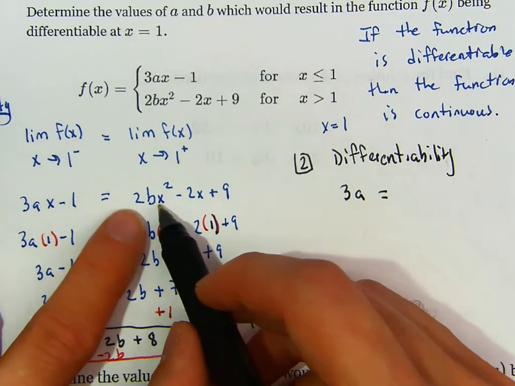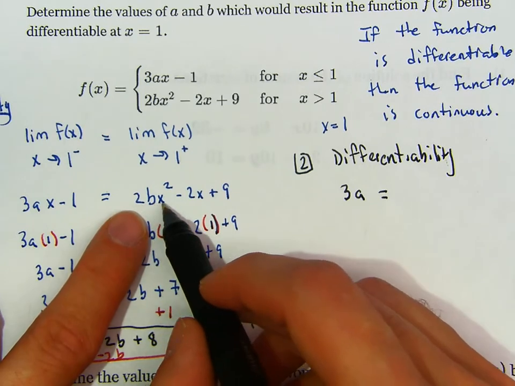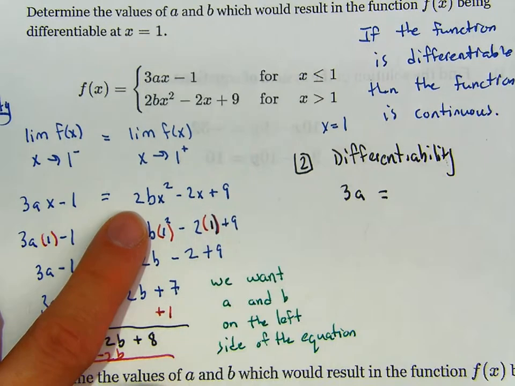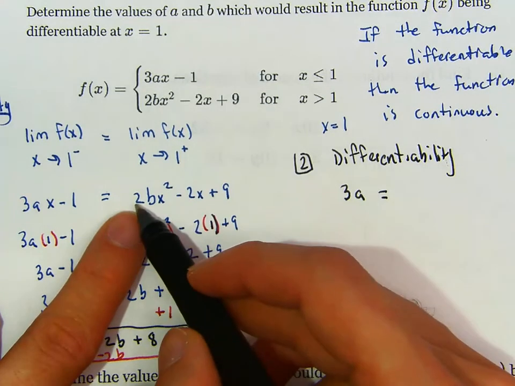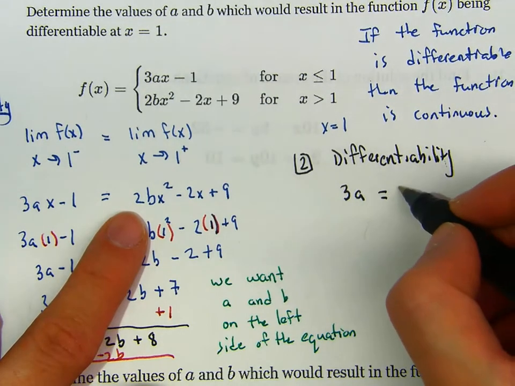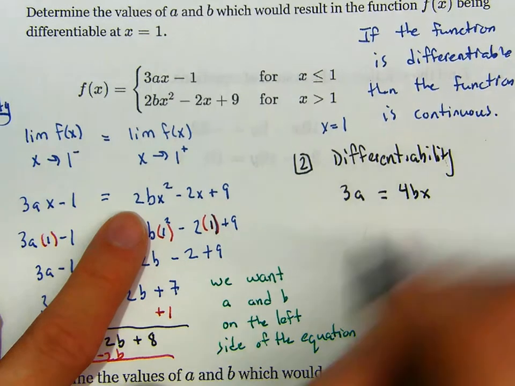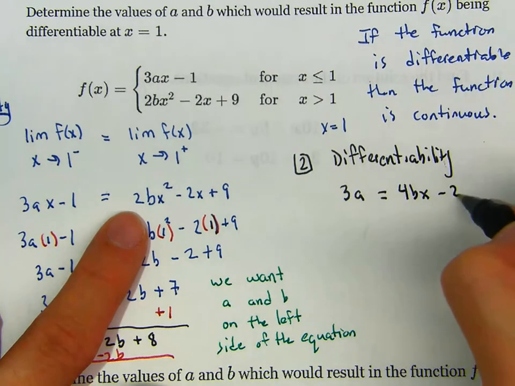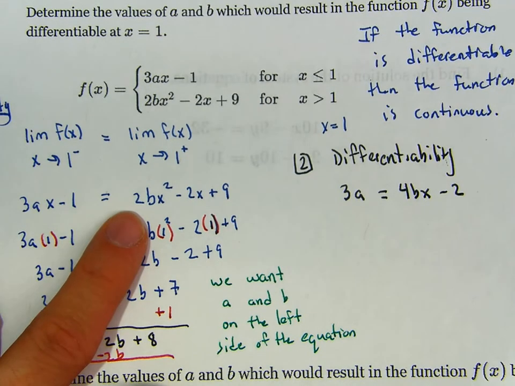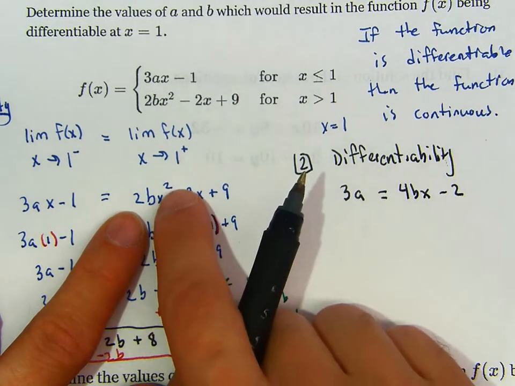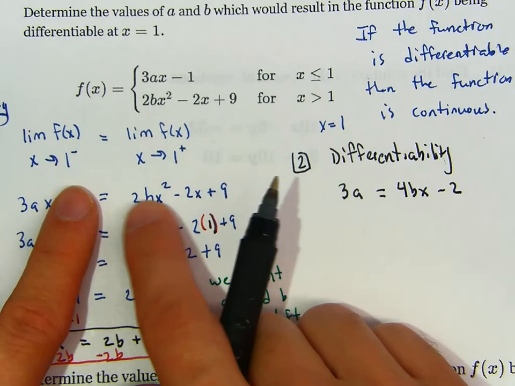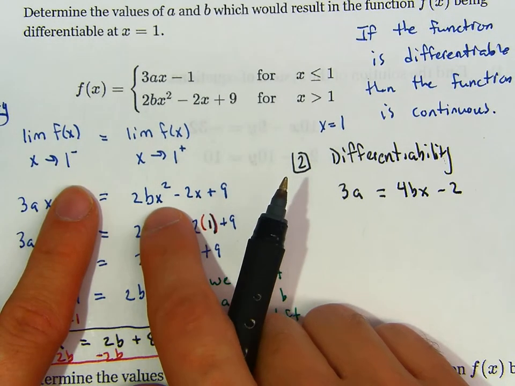Okay, what's the derivative of 2bx squared minus 2x plus 9? What do you think that would be? It would be 4bx minus 2. Now notice, yeah, right, because you have 2 times the 2 is 4. This b stays, x over here.